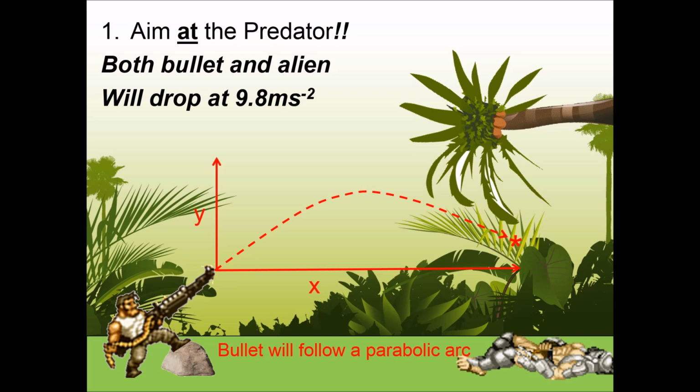This means that the bullet and the predator will intersect right below the tree, as the bullet will follow a parabolic arc, and it will essentially prevent Arnie from being killed by the predator. So, you may not be entirely convinced.